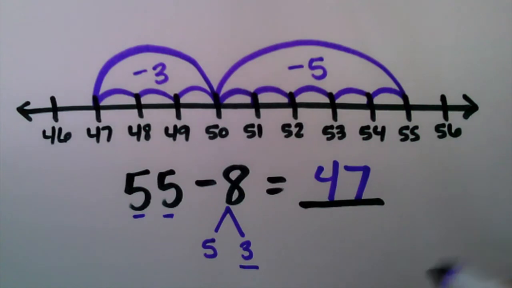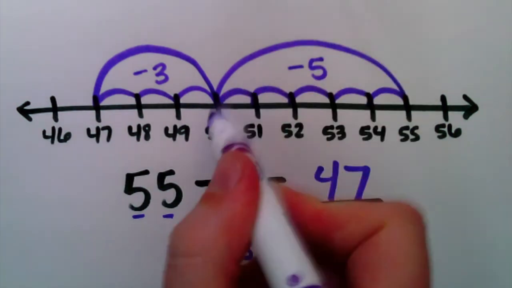Now I have a question for you guys. Why is this 8 broken up as a 5 and a 3 and not 4 and 4? 8 is broken up as a 5 and a 3 because what you needed to do first was subtract 55 minus 5 to get to 50.